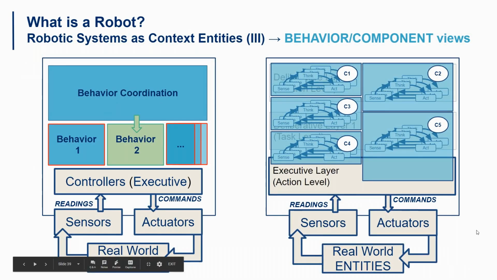Just to include other approaches, you can see here different views. On the left side, a behavior-oriented architectural pattern. On the right side, the component-based architectural pattern. Maybe your platform is closer to these views. On the left side, the behavior coordinator just selects and implements one of the behaviors that are in parallel, and on the right side, we lack only one coordinator.